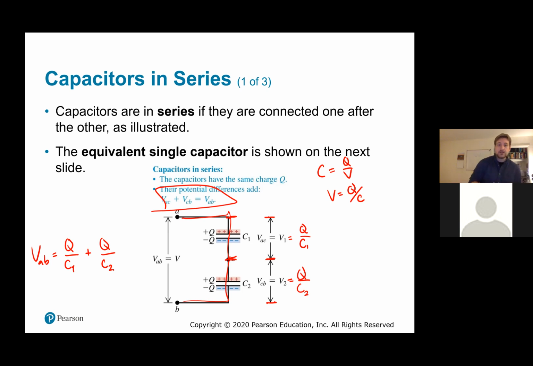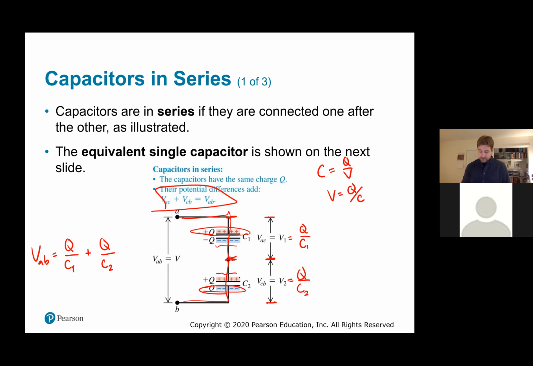How much charge did we end up moving? Well, we've got charge Q here, charge negative Q here, and that is going to function to induce these charges on the opposite plates.